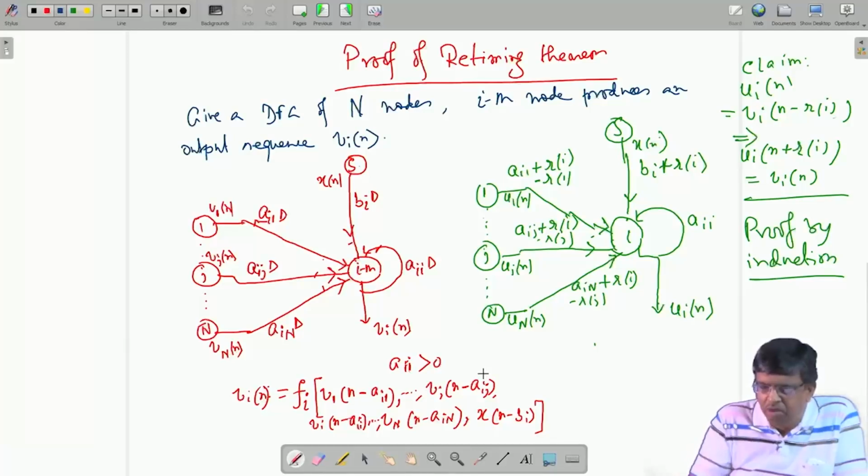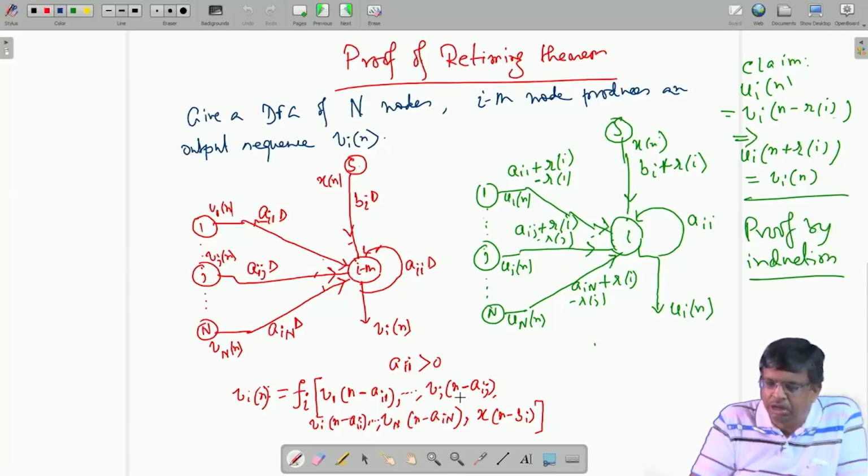But we will show that it will actually depend not on the current cycle of node 1, that is V1n, or node j, that is Vjn. It will actually depend on their past values. This Vin will depend on the node outputs of previous cycles only, not on current cycles, even if some delay is apparently 0.